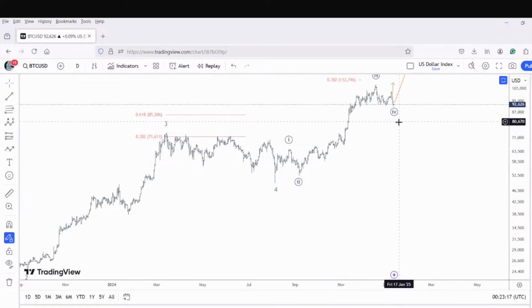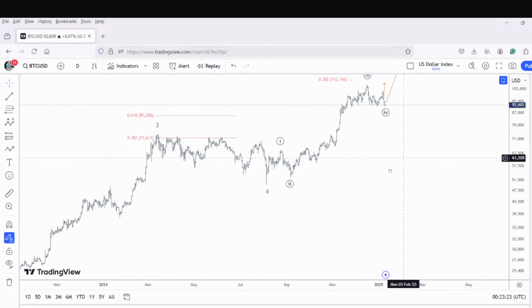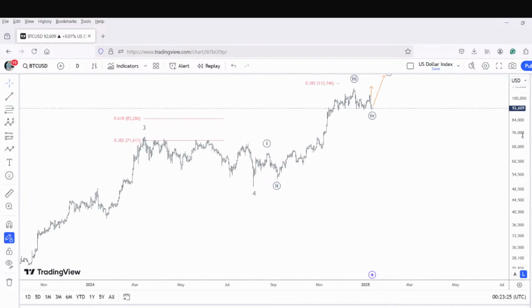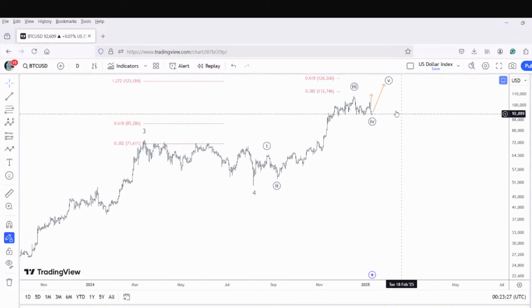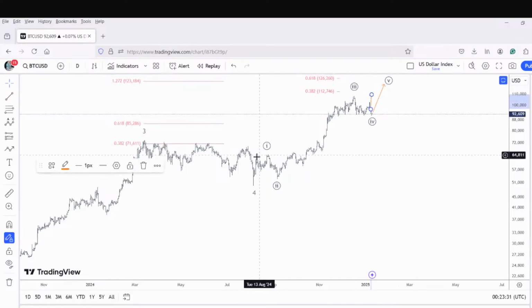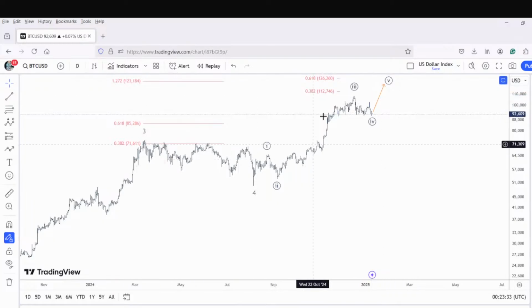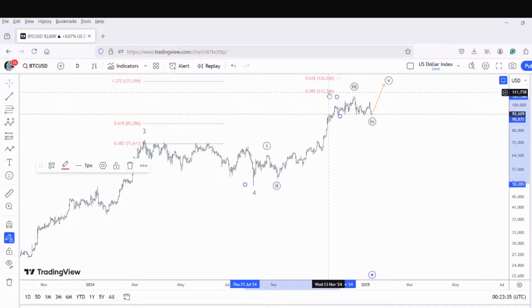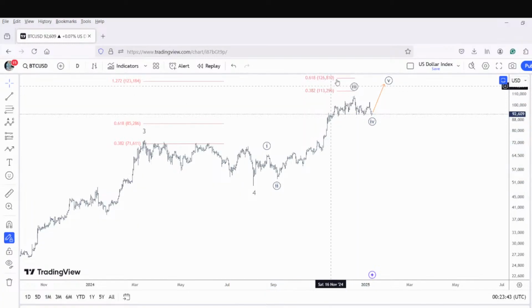So ABC minute degree produces minute wave 4, and now we should be good to move higher towards the fifth wave, and possibly we can adjust this Fibonacci ratio to the current low. We've got 113 and 126 with the larger degree counts still lined up.